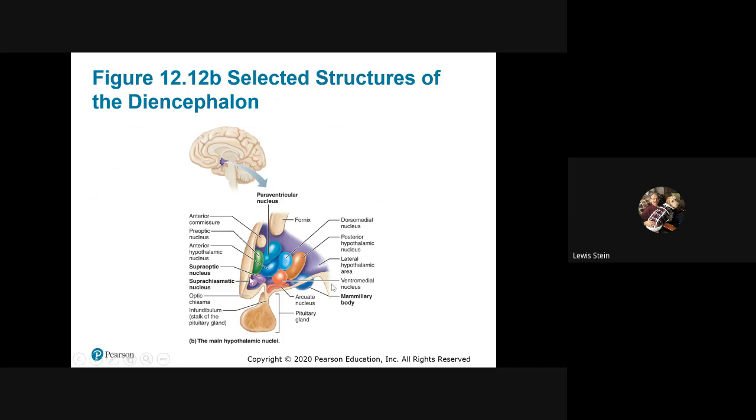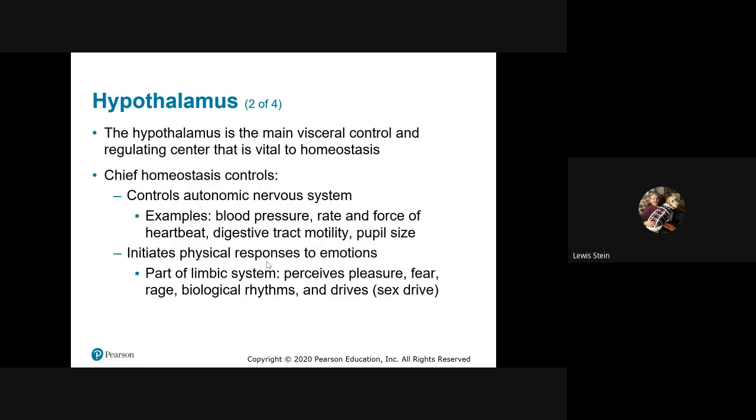And then there are all these different named nuclei in the hypothalamus that, because the blood-brain barrier is weak, are able to sense and make adjustments. So all of that is critical for homeostasis. It's critical for the autonomic nervous system, blood pressure, heartbeat, digestion, eyes, all of these things.